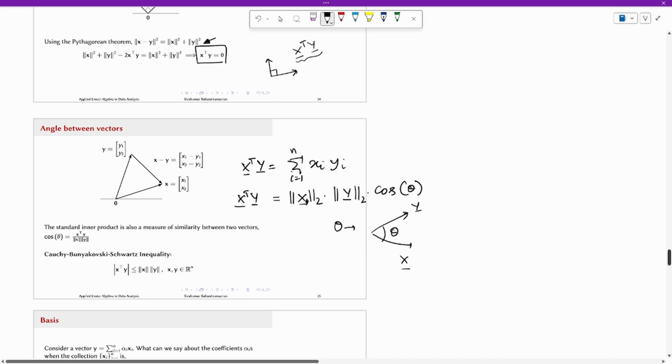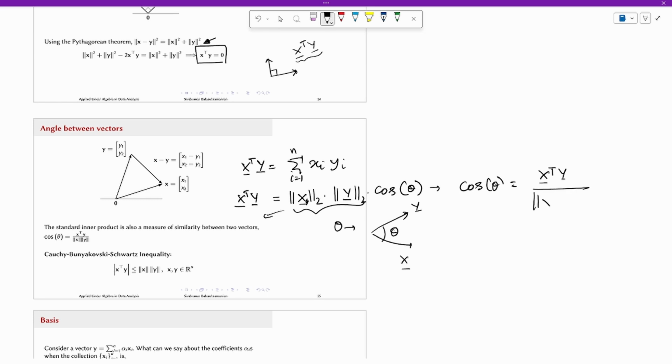Well, if that is the case, then we know how to find the angle between the two vectors. You simply move these two to the denominator. So cos theta will be x transpose y divided by the magnitude of x times the magnitude of y. And often I might not write 2 here. It should be clear from the context that it's 2.